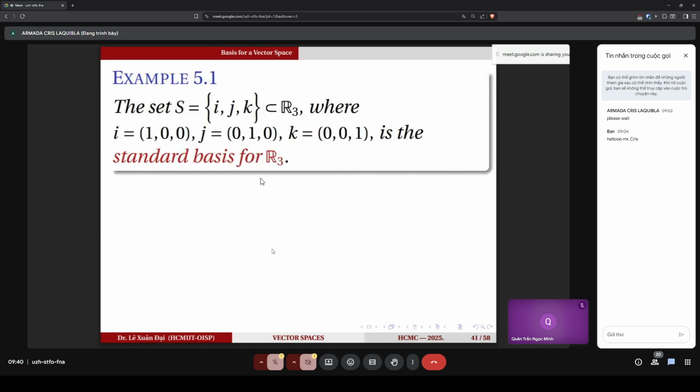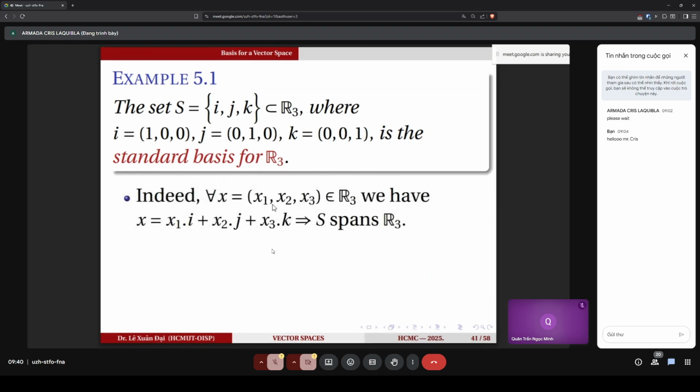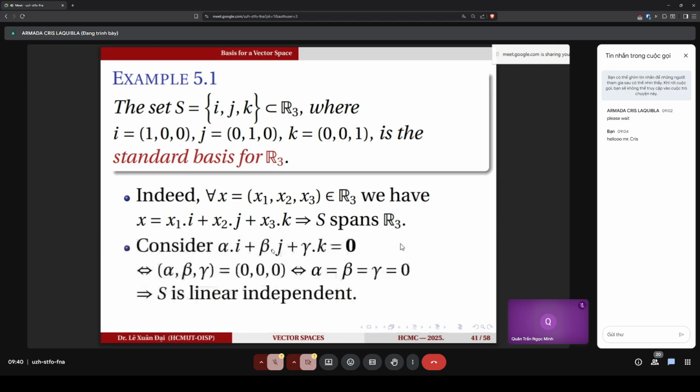Okay, this one is for R3. So indeed, for all x1, x2, x3 elements in R3, we can express that like this. We multiply x1 by i, x2 by j, and x3 by k. And that's it. It will span R3.